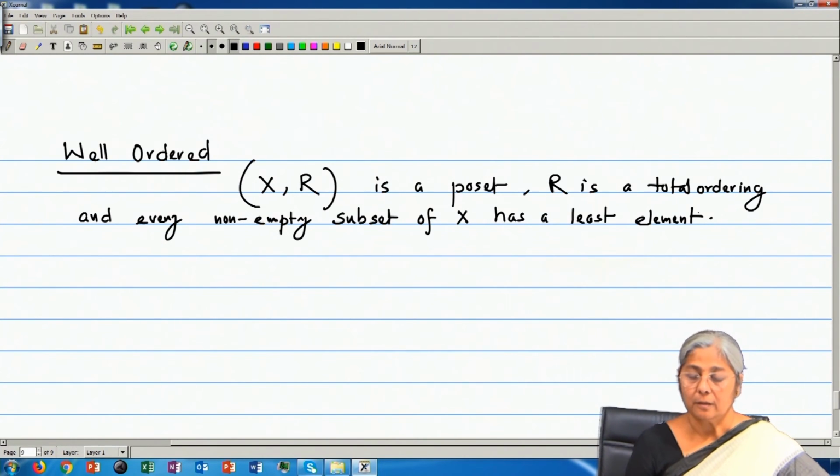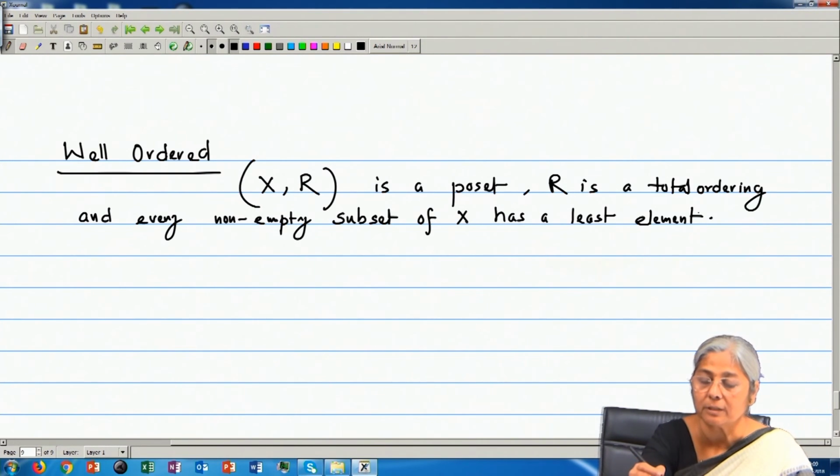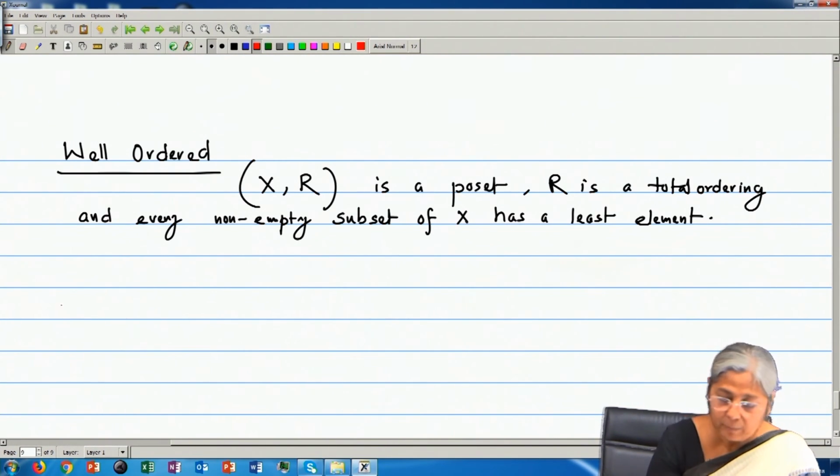Now, the most important application in POSET is the lexicographic ordering in dictionary.